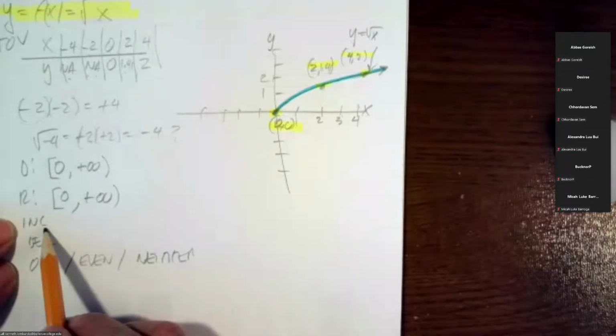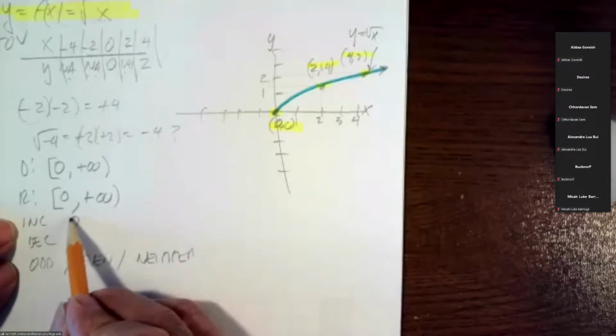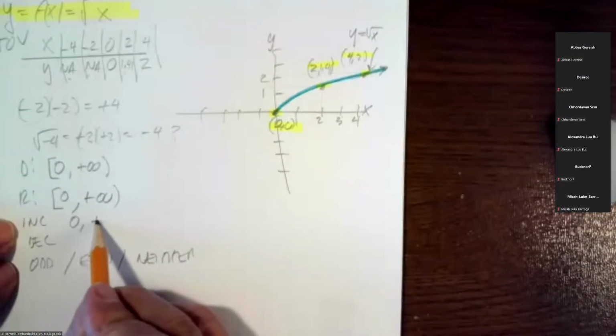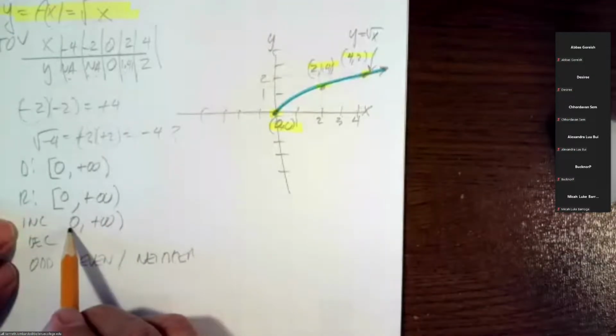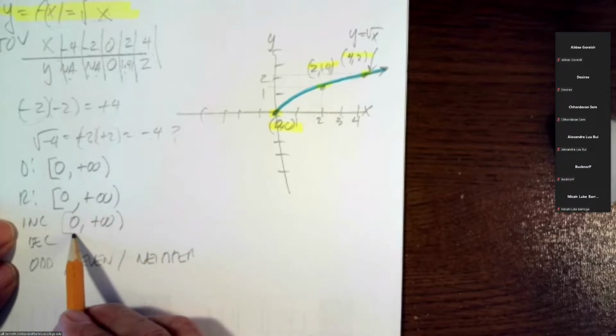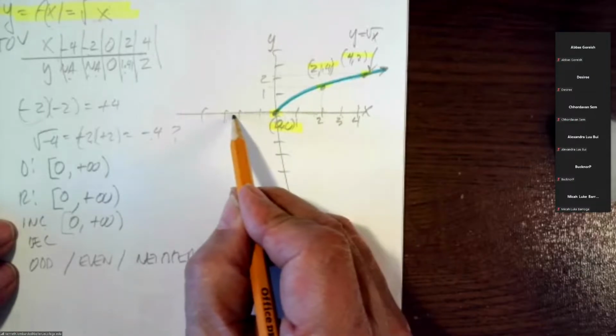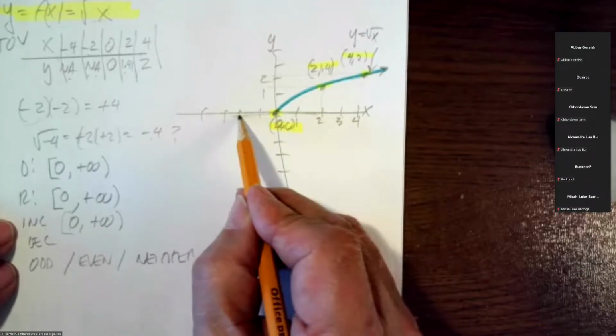And where is it increasing? Increasing from 0 to positive infinity. And do we include that 0 or not for where it's increasing? You think we do include 0? Okay. So at 0, we're like we were before. We're neither increasing nor decreasing.